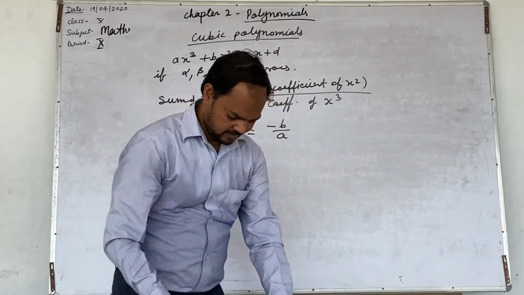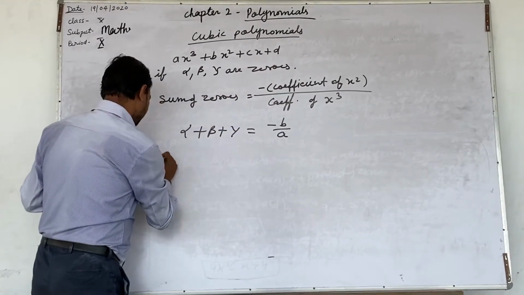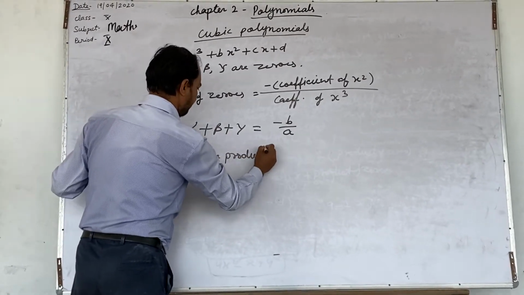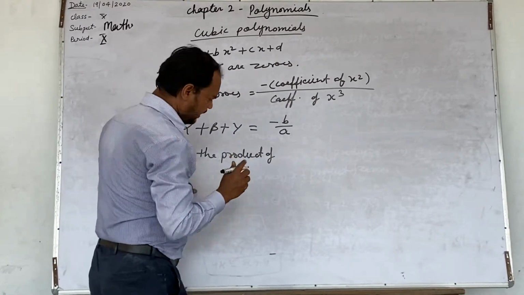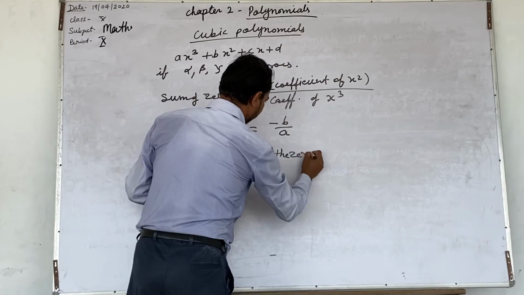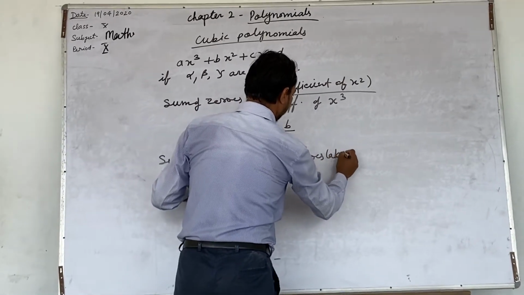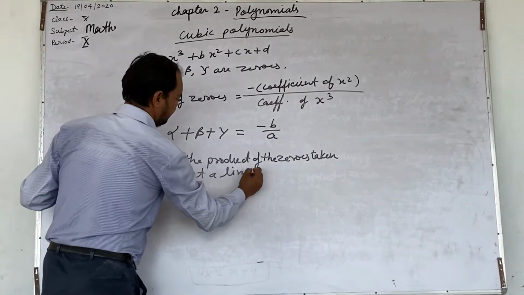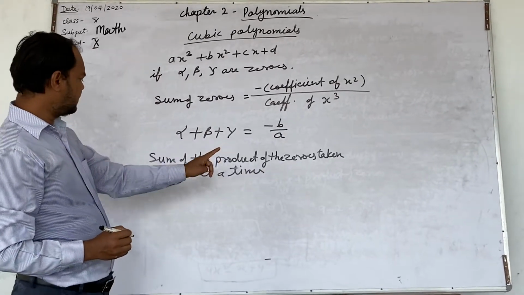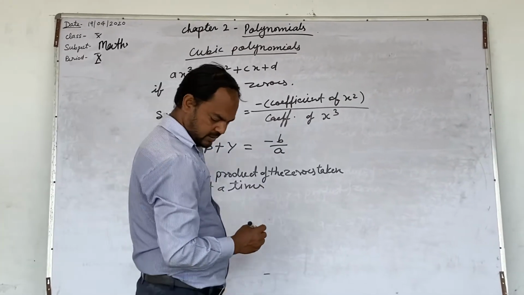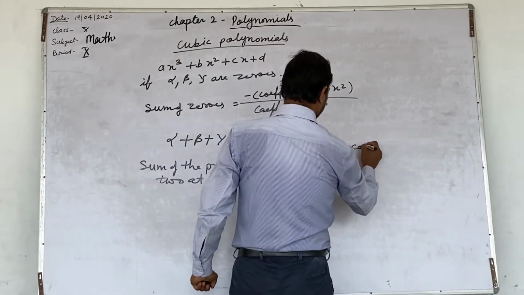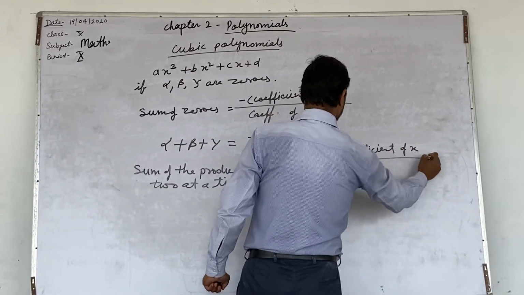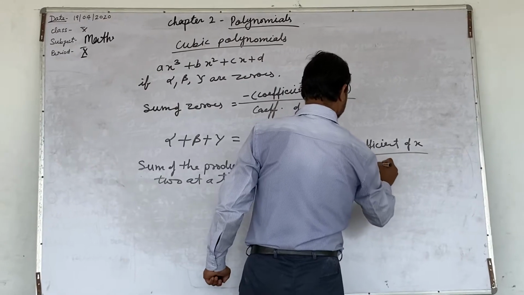Second thing, the sum of the product of the zeros taken two at a time is equal to coefficient of x upon coefficient of x cube.